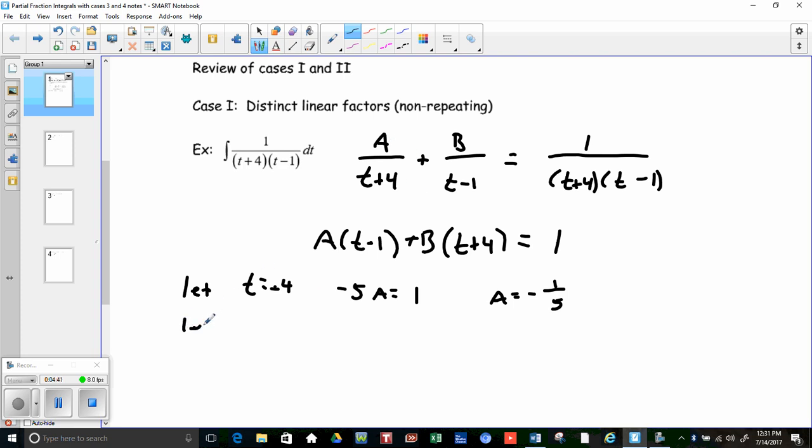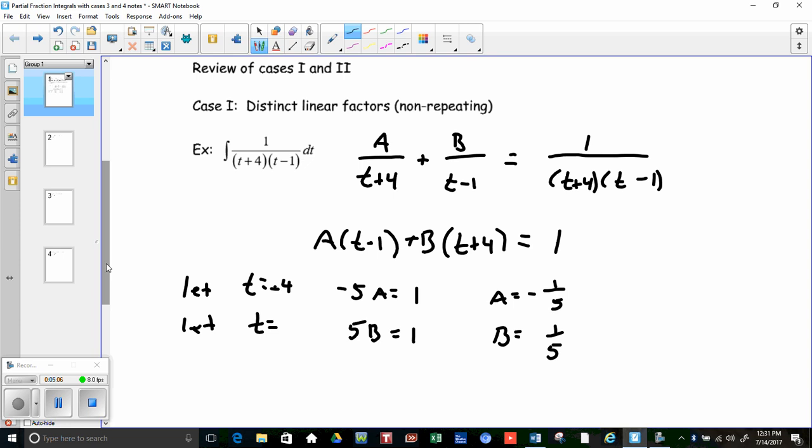Then we can let t equal, well, if I want the A to go away, I'd have to plug a 1 in here for t. Plugging a 1 in here for t makes that 0, and plugging a 1 in here for t makes that 5B equals 1. And then dividing both sides by 5, we get B equals 1/5.